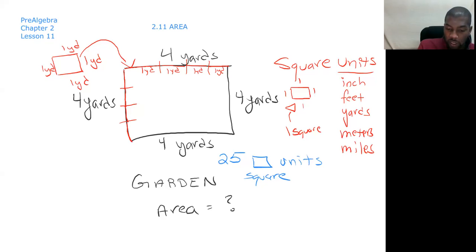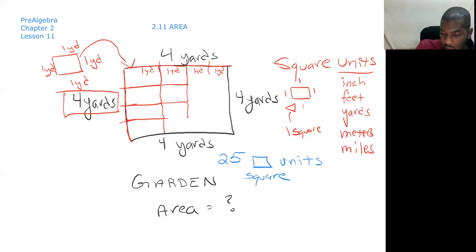How do I know that? Well, it told me that the width was 4 yards down and 4 yards across. So this is one square yard. This is another. This is 2 square yards, 3 square yards, 4 square yards. So far, I have 4 square yards. This is another one. This is another one. This is another one. There's the other one. So now I have 8 square yards.